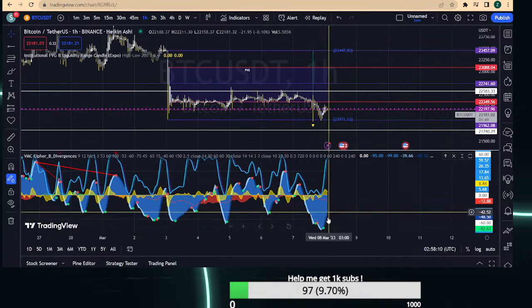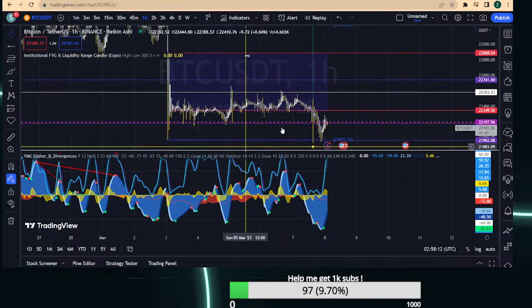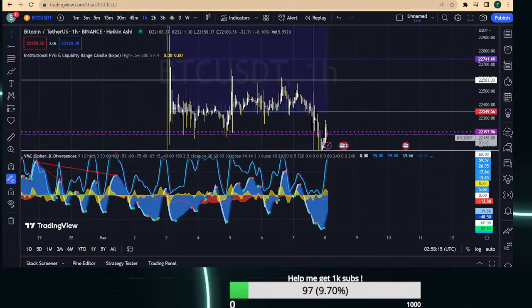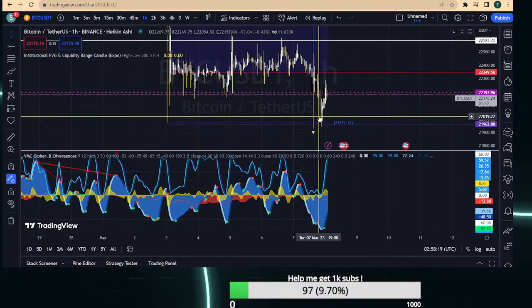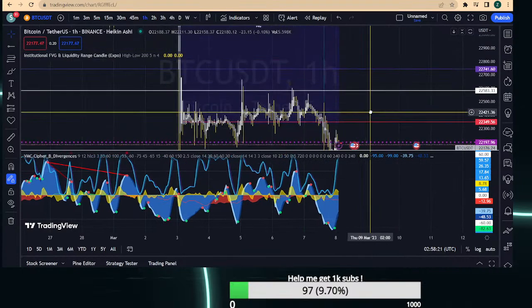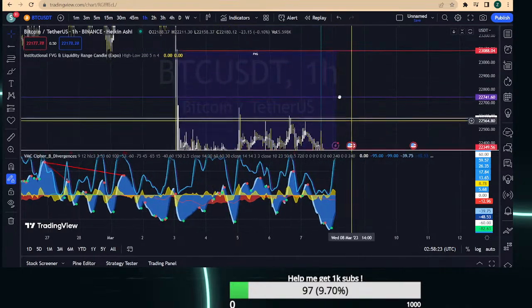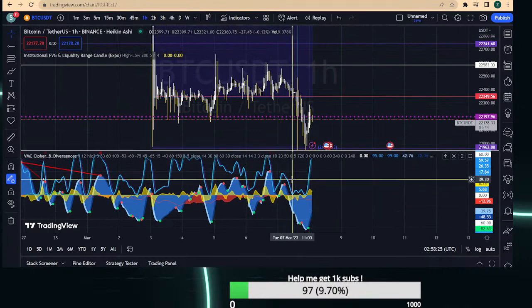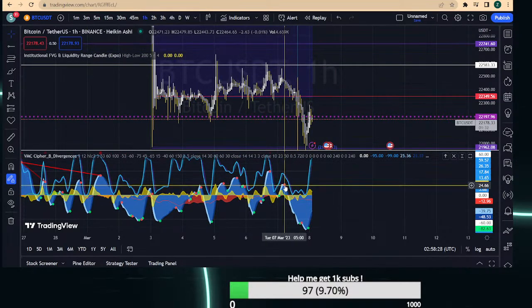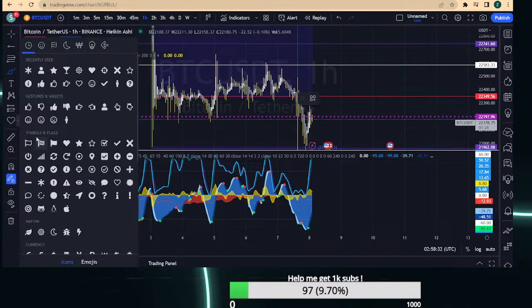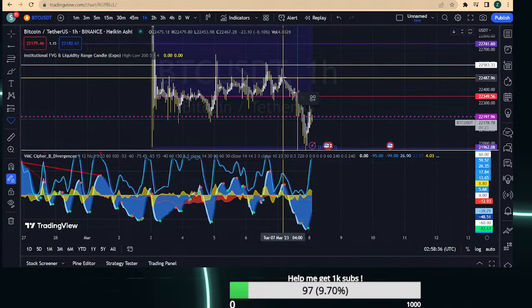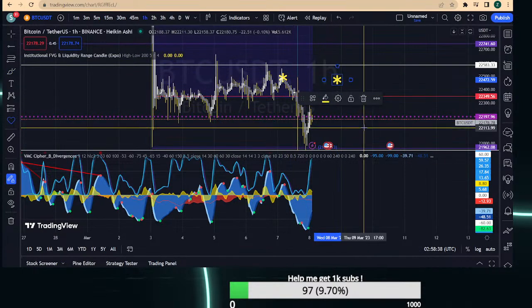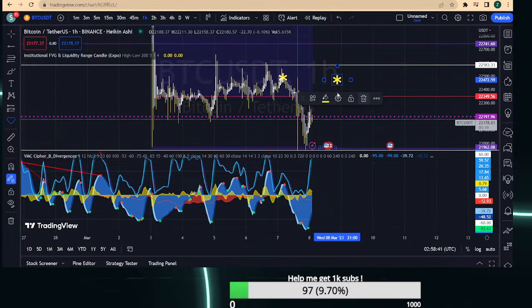So right here, this move, just on the hourly, right here to this SR level from the middle of the FVG, or bottom of this FVG. This pinch point right here is this candle, and we can map these out too. So right here's one.